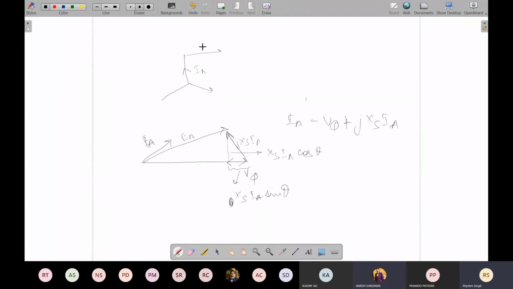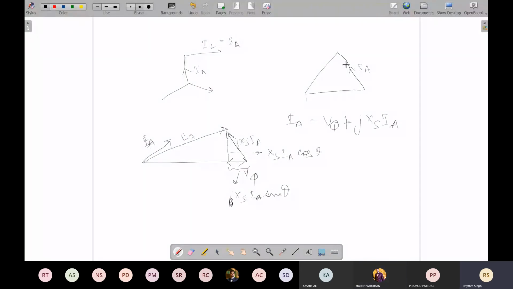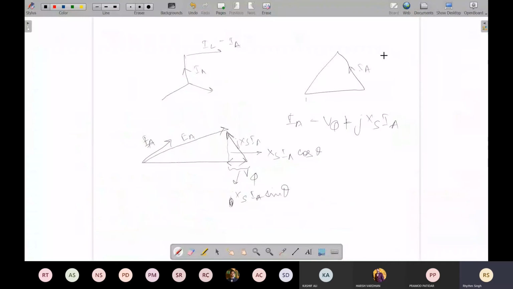In this case, because the line current is also same, IL equals IA. But if the problem was of a delta connected machine, you will have to pay attention to the terminology. If it says armature current, it will mean the phase current. But if it says delta connected and the full load line current is this, then it would be different.